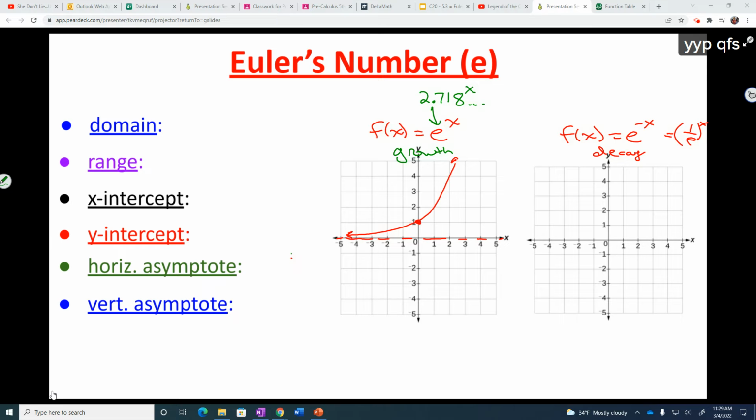It would be the same thing as saying 1/3 to the x, or 1/2 to the x. It's the same deal, it just decays. And it has the same asymptote. So everything about graphing it is the same. It's just we have an e there instead of a number. So whenever you see e, just think it's 2.718.